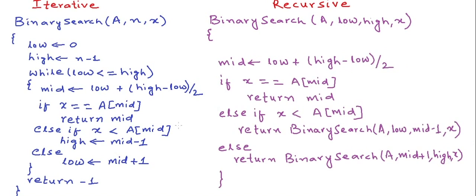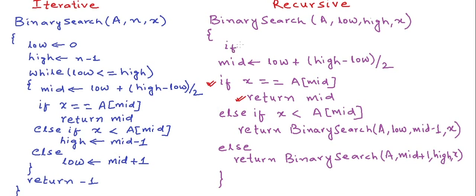When we write recursion, we should always look for a base case, a base condition where we would stop our recursion. In this case, we will stop our recursion if we find the element. So this case will return and exit, and we will not make any further recursive call. But what if we do not find the element? What if we do not find x in the array? We have another base condition for that where we need to exit.